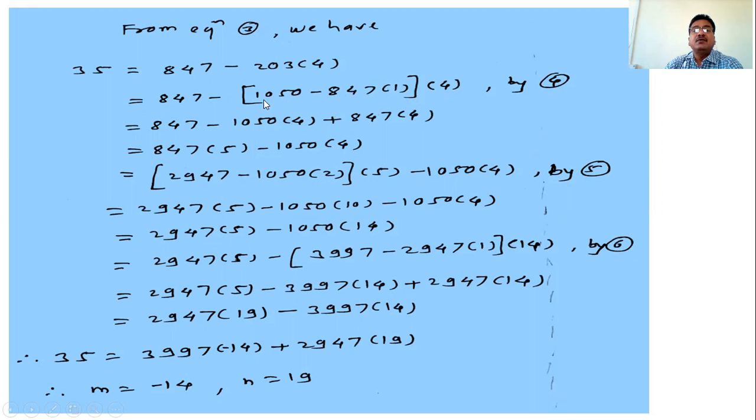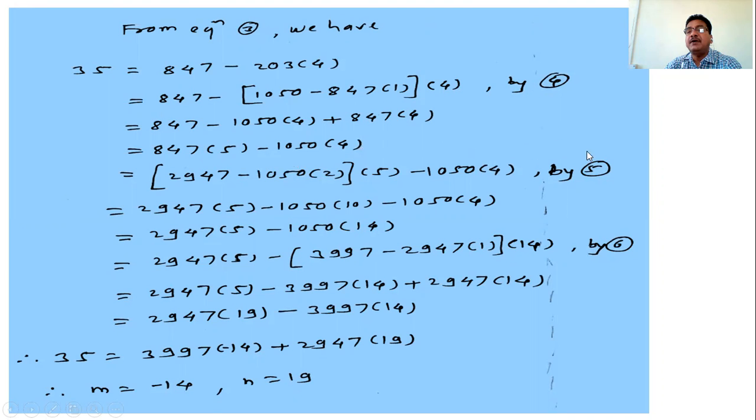What do we have? 1050 into 4 minus, which becomes plus, 847 into 1 into 4. 1 into 4 is 4. Here 847 is into 1 and here is 847 into 4. If you take 847 as common, then we have 1 plus 4, that is 5, and then minus 1050 into 4 as it is.